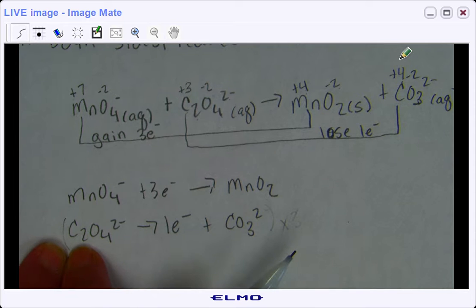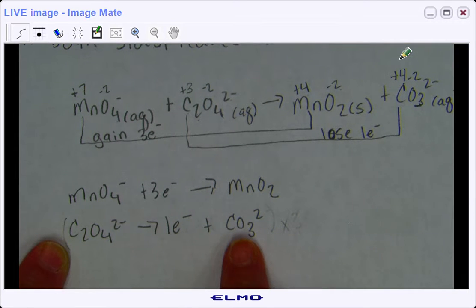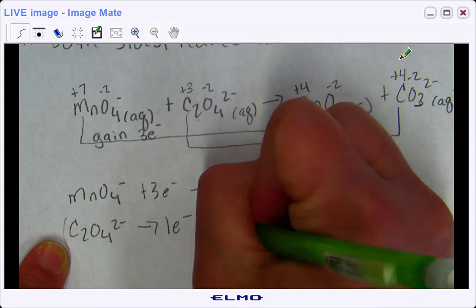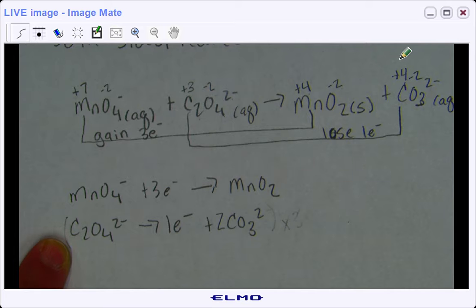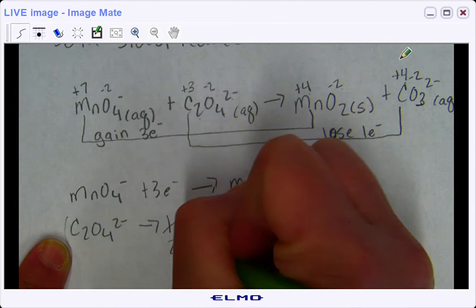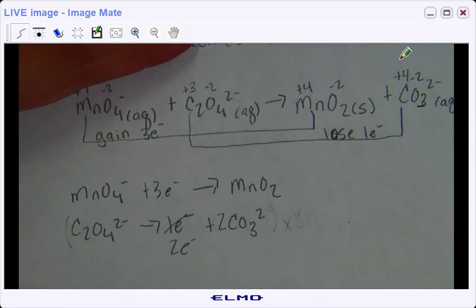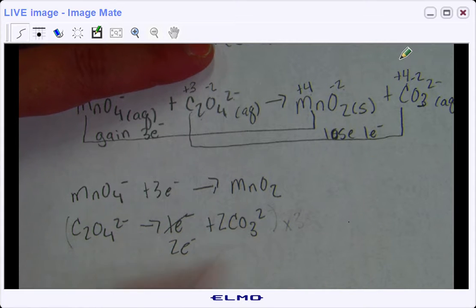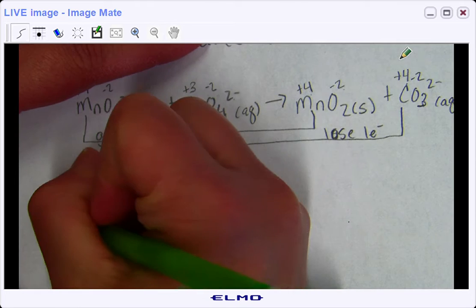So if I have 2 carbons on the left and I have 1 carbon on the right, I need to put a 2 as a coefficient. And now that's also going to change my electrons. 2 times 1 is 2, so I have 2 electrons. So now that's going to affect my overall balancing. My second reaction here is still going to be multiplied by 3.